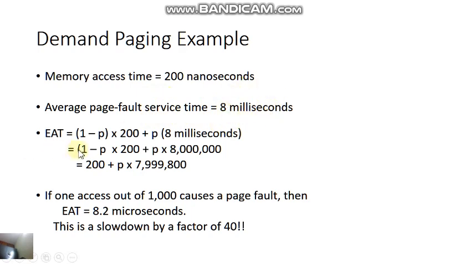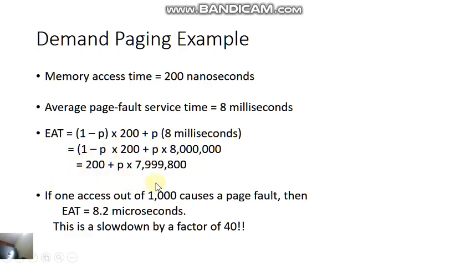So it can be evaluated as EAT equals (1 minus P) times 200 plus P times 8 milliseconds, since we don't have the probability right now. This can be calculated as 200 plus P times 7,990, so the equation can be evaluated this way.